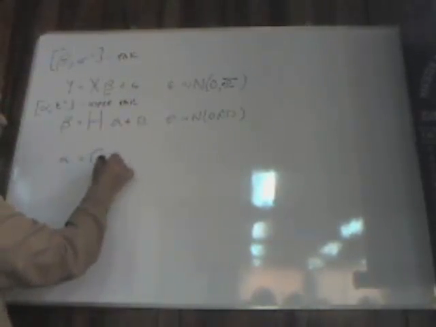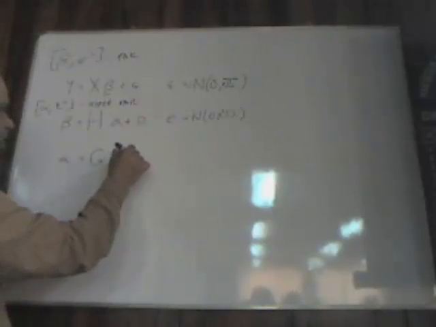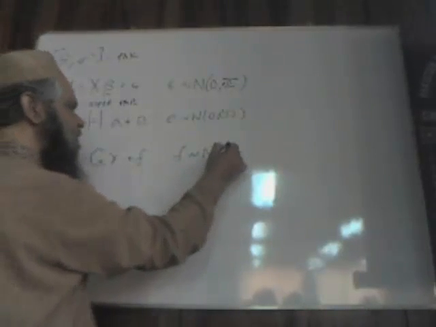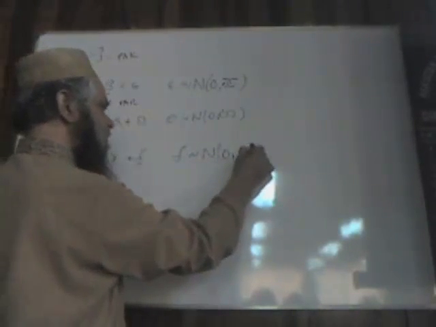So this is the first stage prior. Then we put another prior on these alpha and t squared. So then we have alpha is equal to g gamma plus f, and f is normal with mean zero and second stage covariance matrix omega 2.